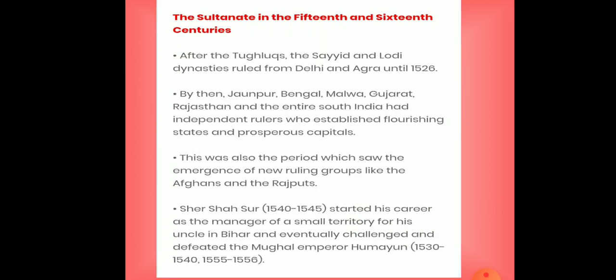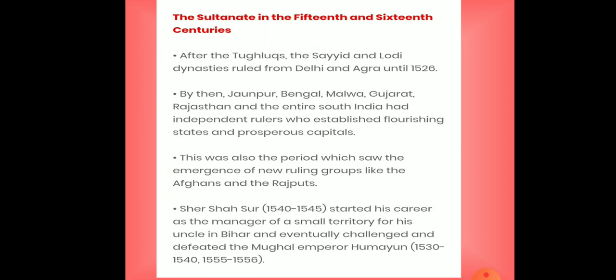Next we have the Sultanate in the 15th and 16th century. Here we are going to know the political and social situation of the Sultanate period in the 15th and 16th century. After the Tughlaqs, the Sayyid and Lodi dynasties ruled from Delhi and Agra till 1526.